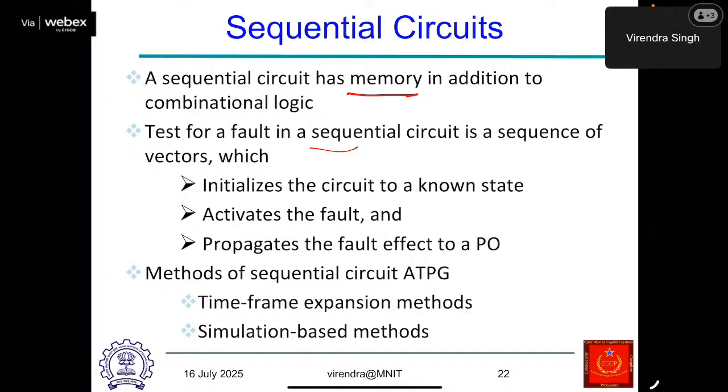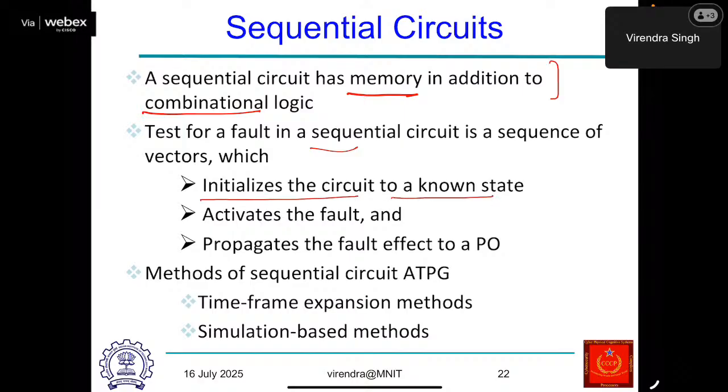So now we have learned how to generate tests for the combinational circuit. Now when I have memory, I have to generate a sequence of vectors, and to generate the sequence of vectors, you have to initialize the circuit to a known state.